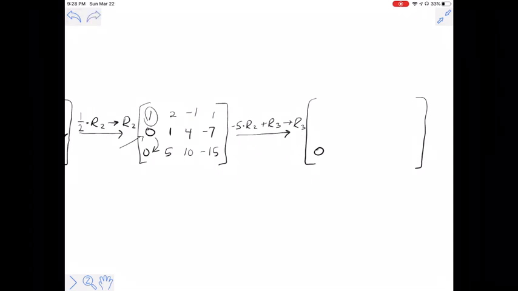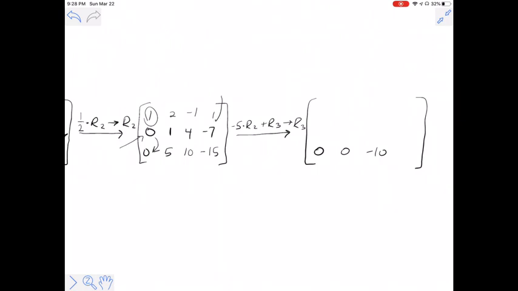And then negative 5 times that entry in row 2 is negative 5, and then negative 5 plus 5 is 0. And then negative 5 times that entry is 20, negative 20 rather, and then negative 20 plus 10 is negative 10.